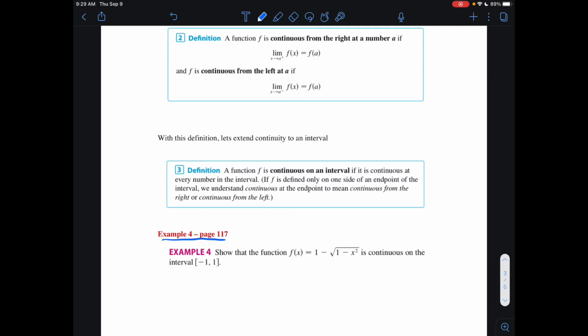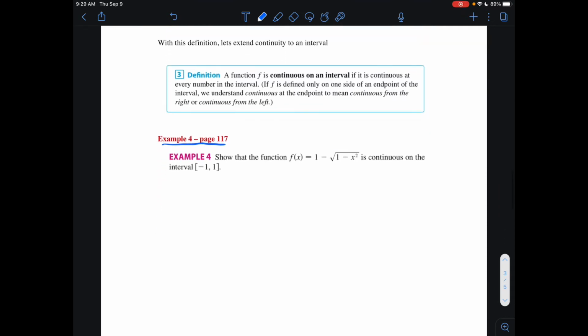So in example 4, we want to show that the function f of x equal to 1 minus the square root of 1 minus x squared is continuous on the closed interval -1 to 1. Here, the endpoints of this interval are part of the interval, so we are going to be looking at the left and right continuity for -1 and for 1.